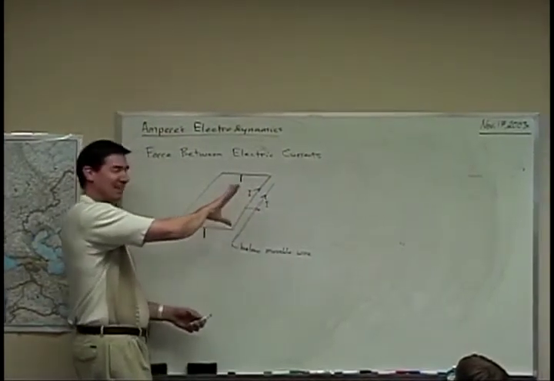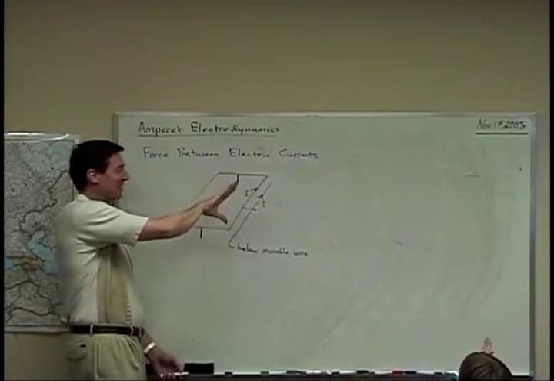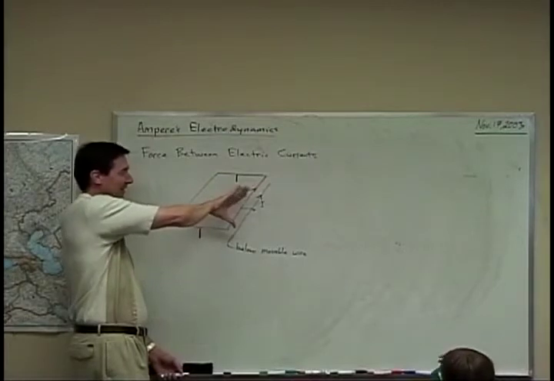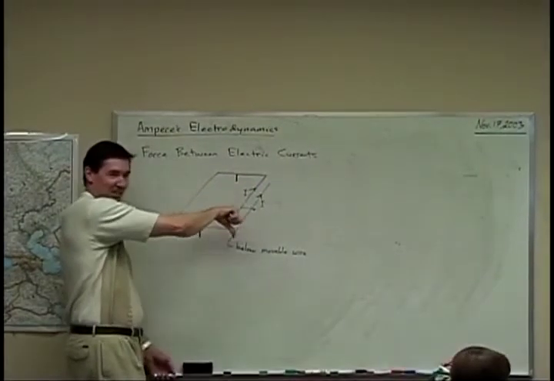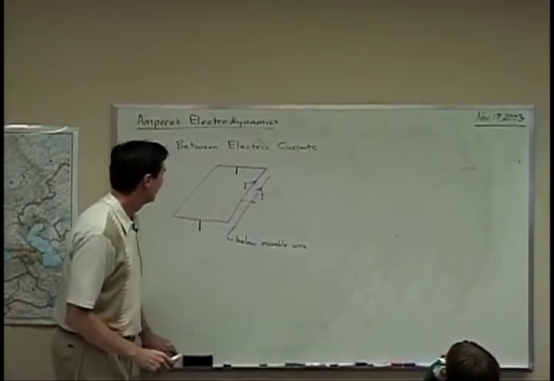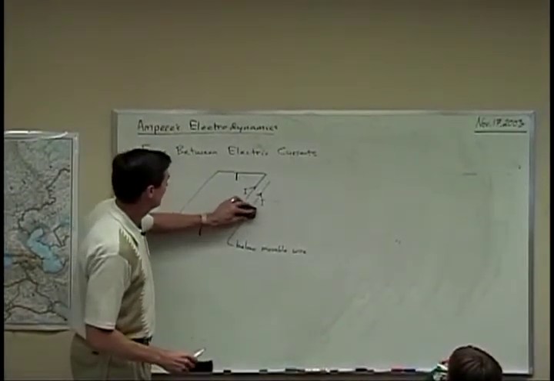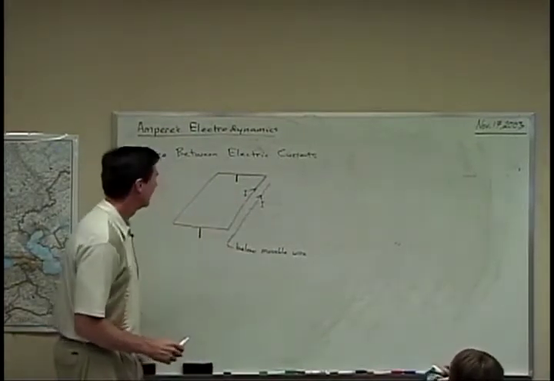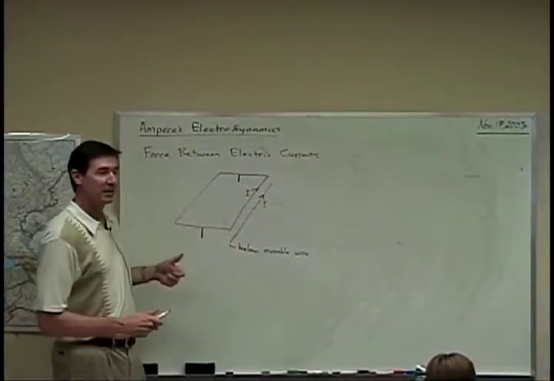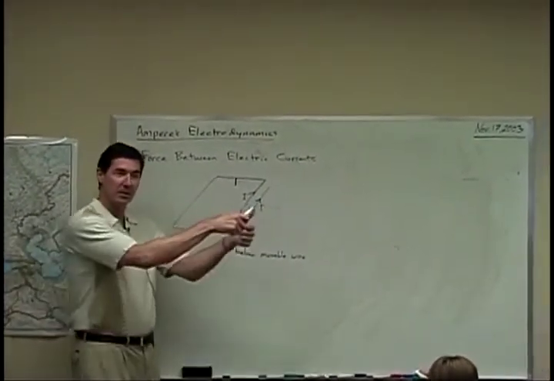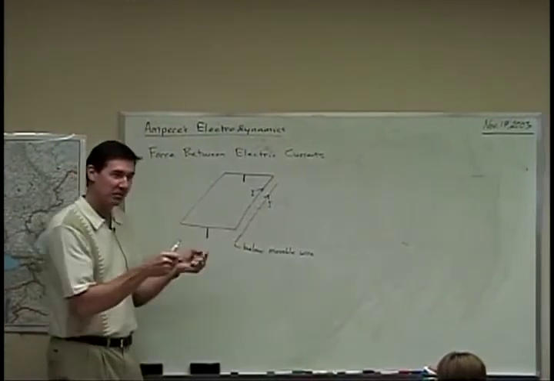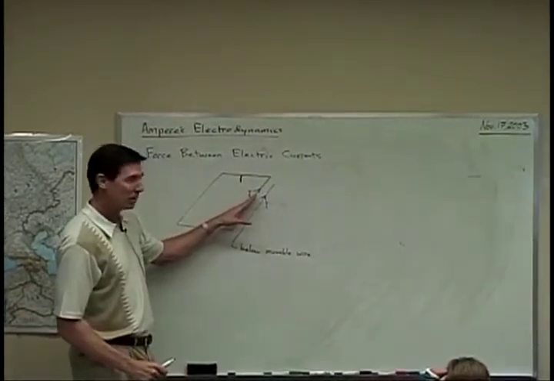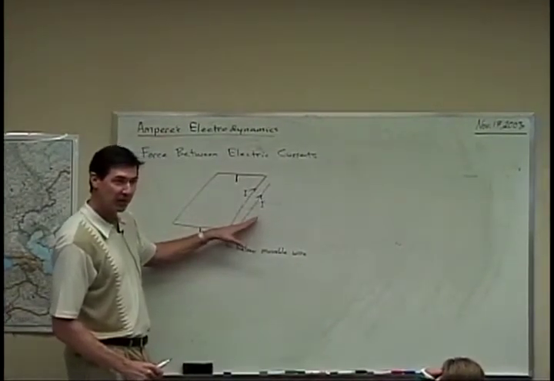Then if you put your fingers in the direction of the current and cross, it's got to go down. Again, my drawing isn't too clear, but we worked that out this morning: parallel currents going in the same direction attract. So this movable wire will be pulled down toward the fixed wire.